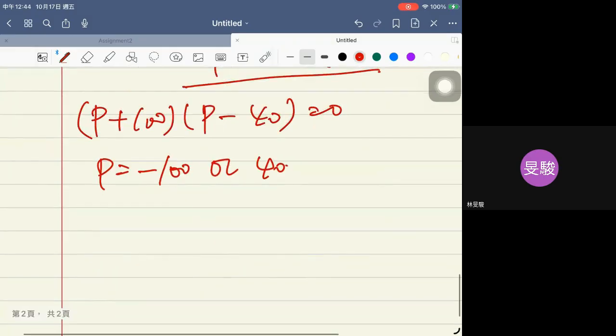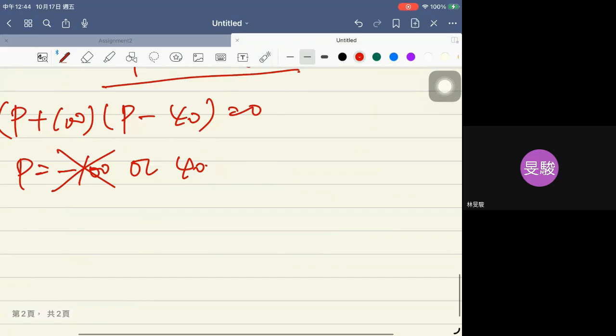But minus 100 is impossible because the price level will never be negative. So we get the price level at 40. Okay, it's number one, the price level.